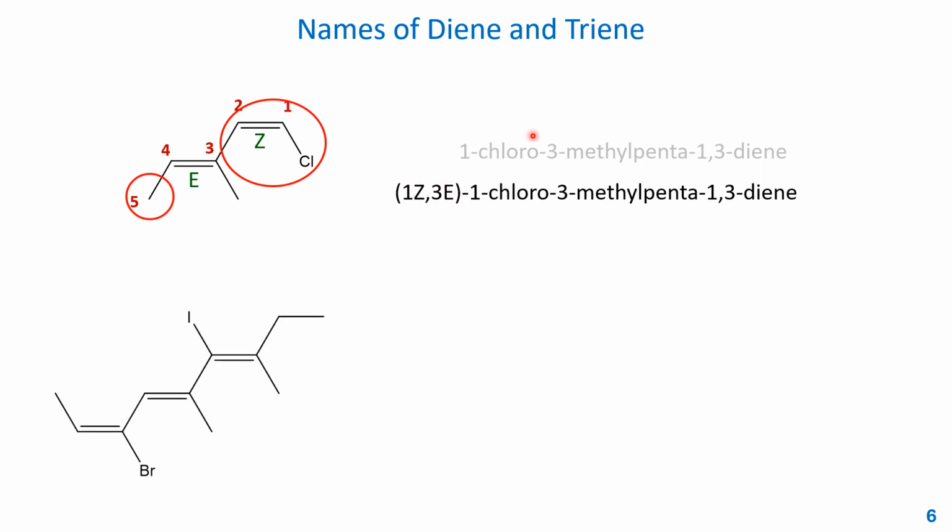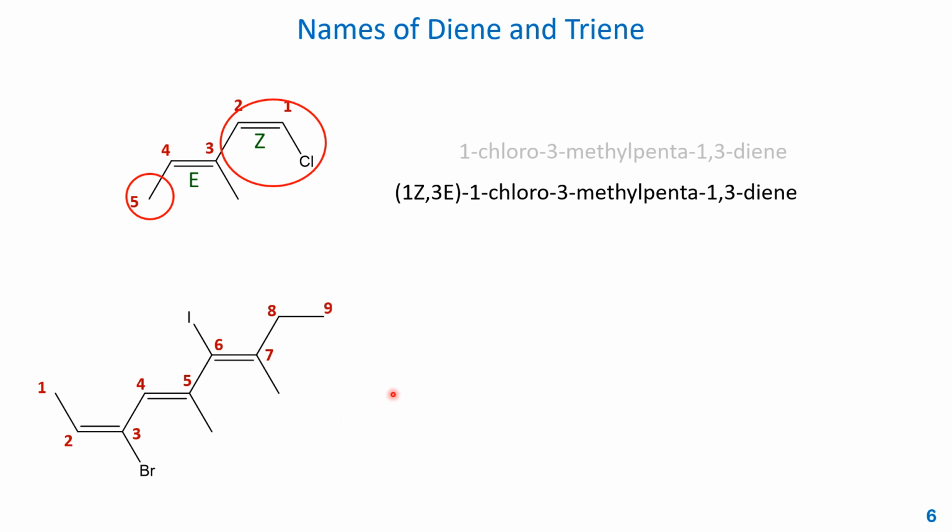Now, an example of a triene, where we have three double bonds here. Follow the procedure: first, just give a name, and you need to number it. This is 1 because the double bonds should get the lower numbers. So 1, 2, 3, 4, 5, 6, 7, 8, 9.